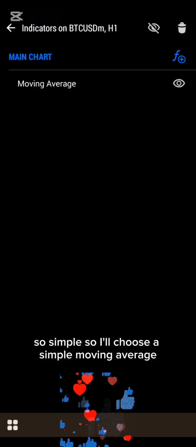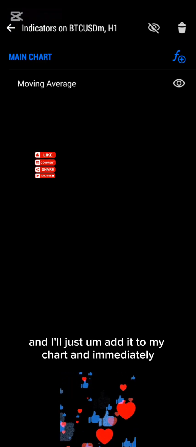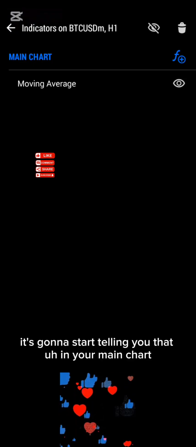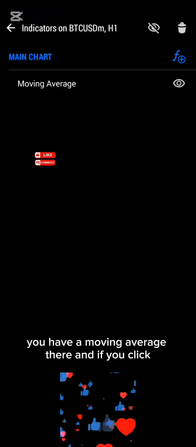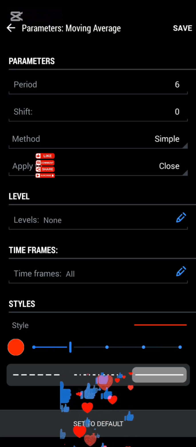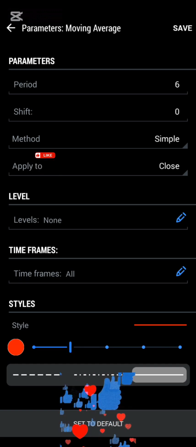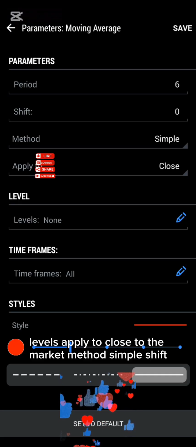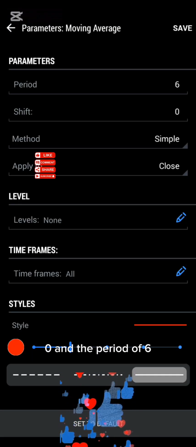So I'll choose a simple moving average and I'll just add it to my chart, and immediately it's going to start showing in your main chart that you have a moving average there. And if you click on that moving average which you have added, you see the color, the style, the time frame applied to all time frames, level applied to close, method simple, shift 0, and the period of 6.